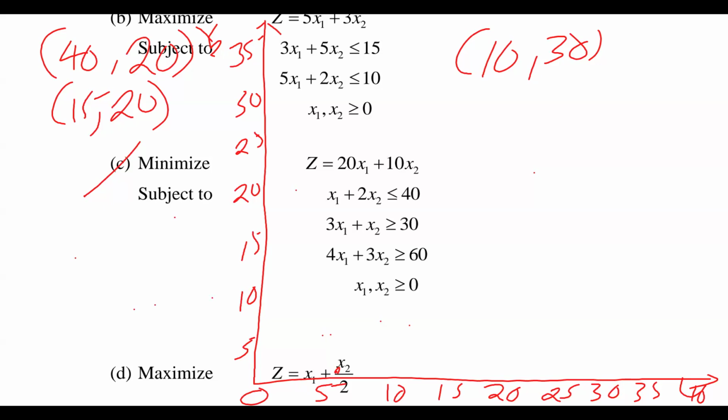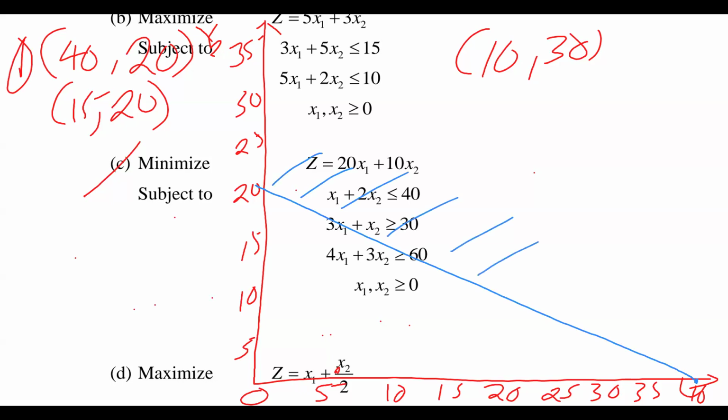Let's start graphing them. The first one is 40, 20. Like this. Where is the wanted region? Less or greater? Less. So we shade the unwanted region like that. The next equation is this one.